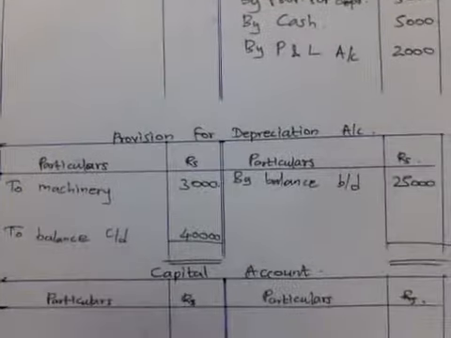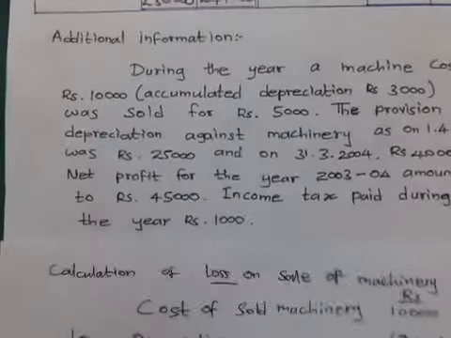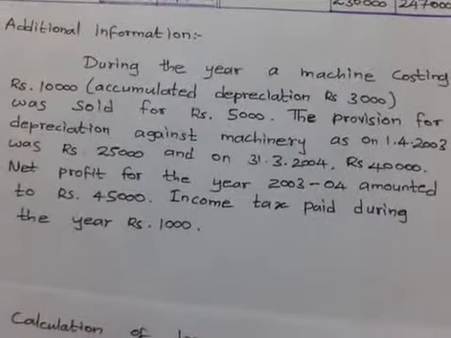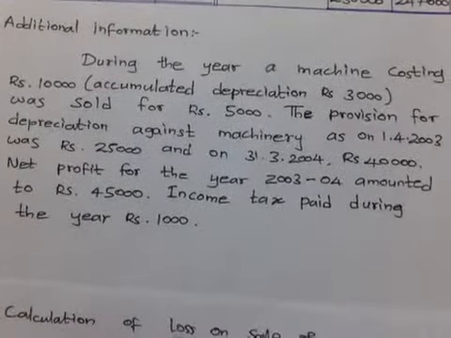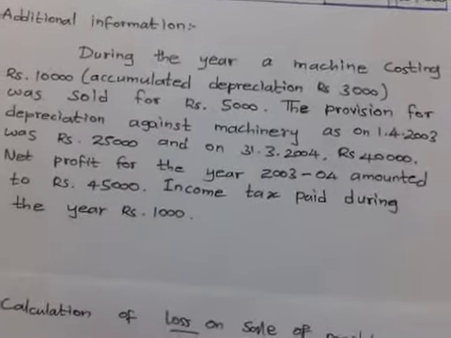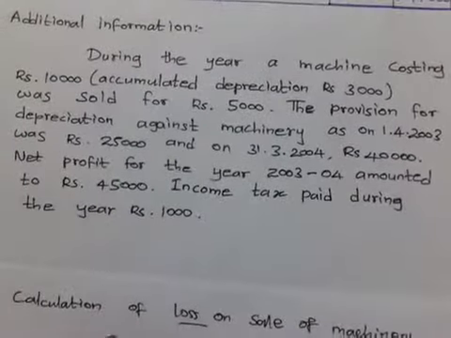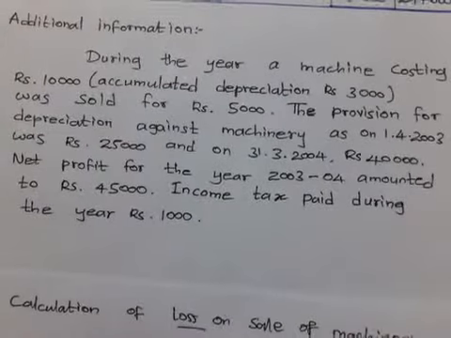After recording these entries, let's record the other additional informations. They have given net profit for the year 2003-04 amounted to rupees 45,000 and income tax paid during the year rupees 1,000.